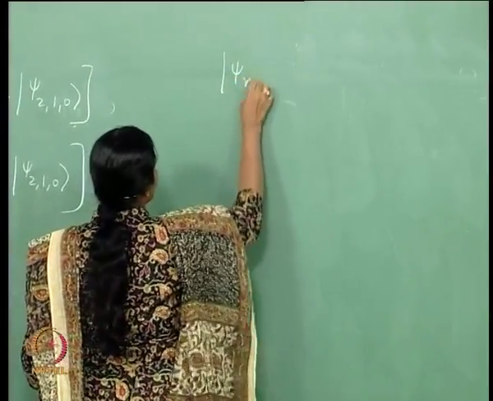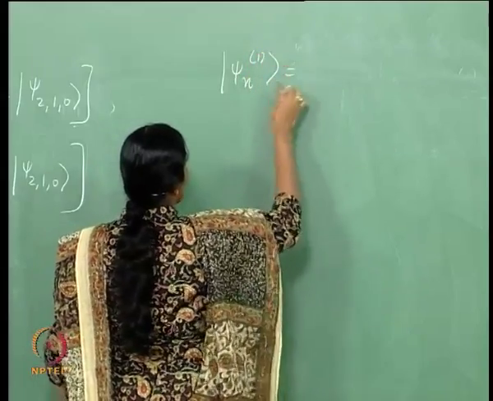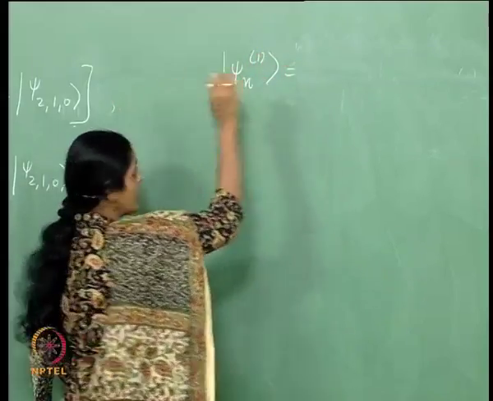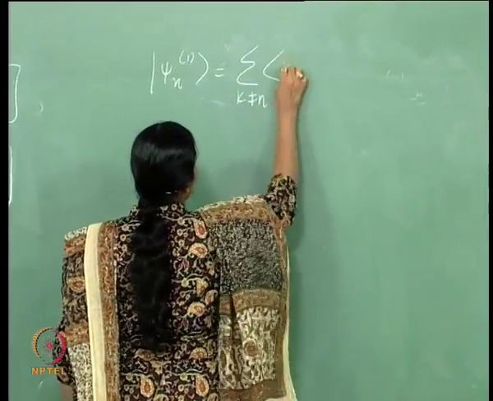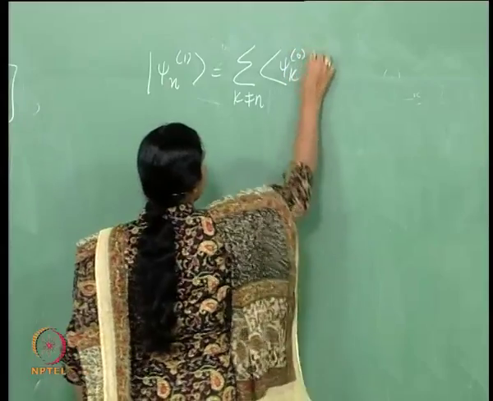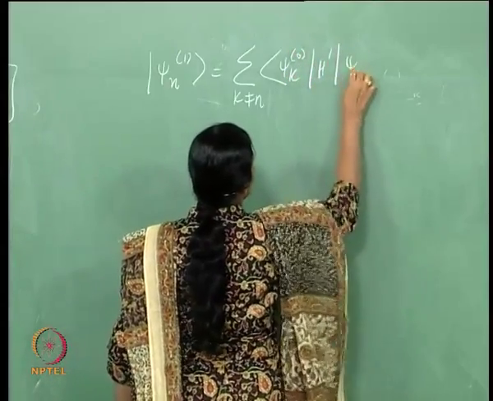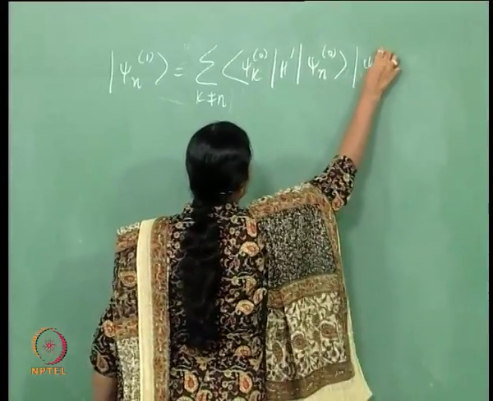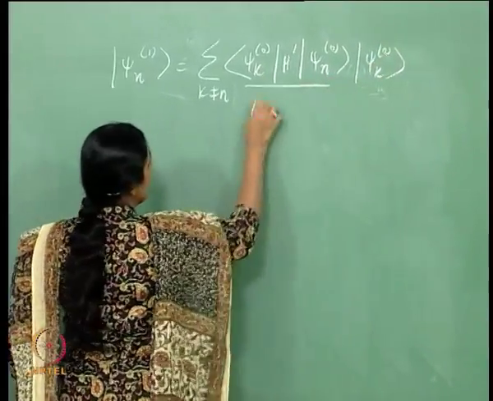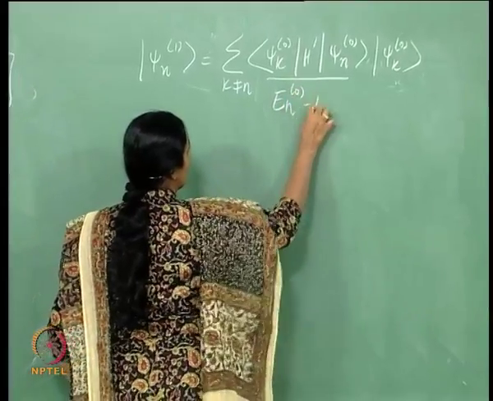Remember that in the original notation, the first order contribution to the state psi n is summation k not equal to n of psi k 0 H prime psi n 0 times psi k 0 with the denominator En0 minus Ek0.